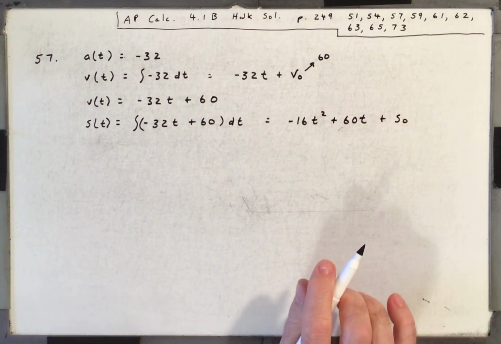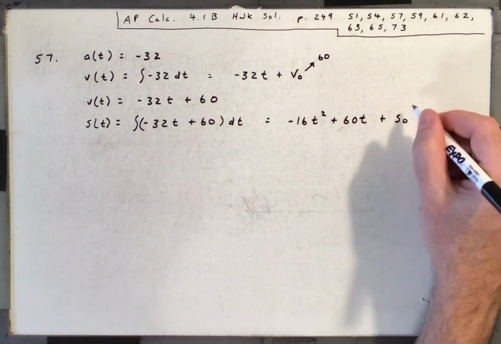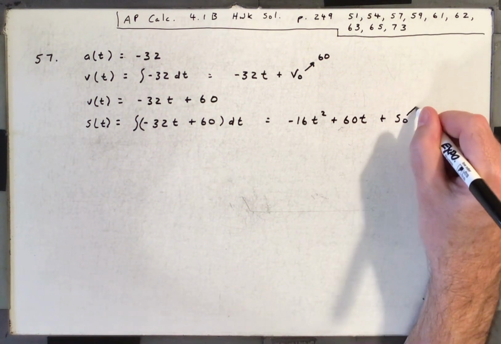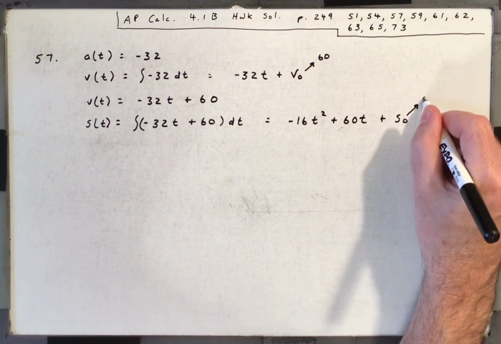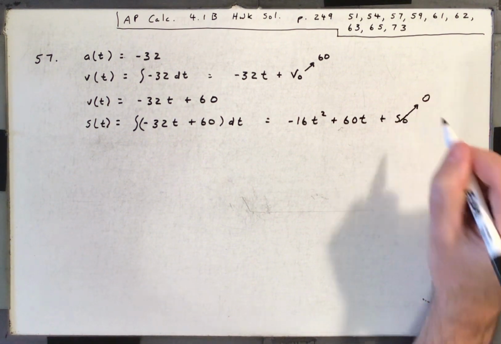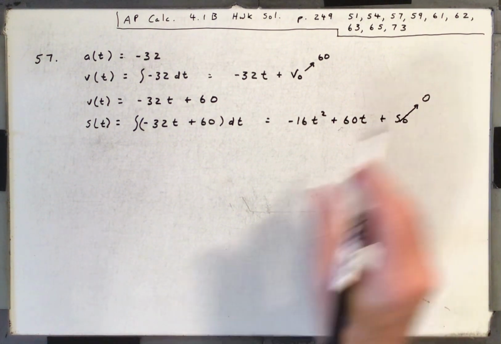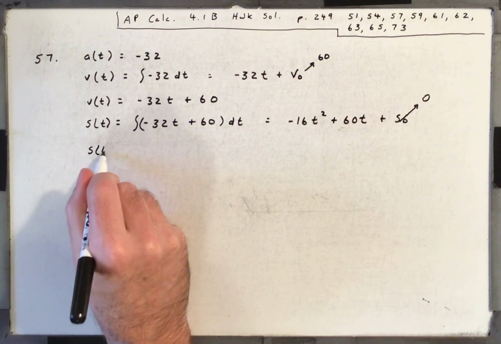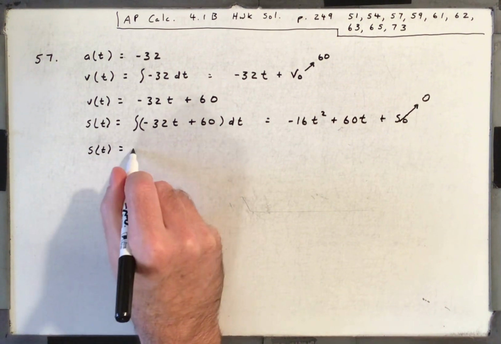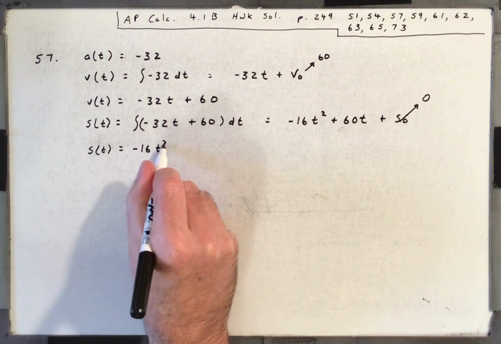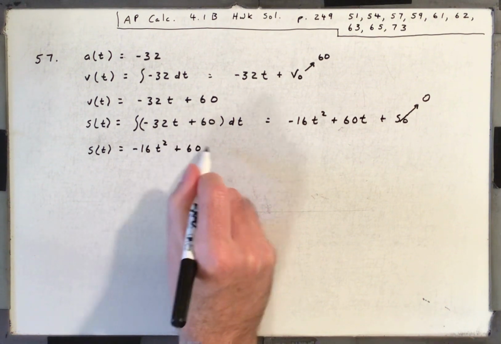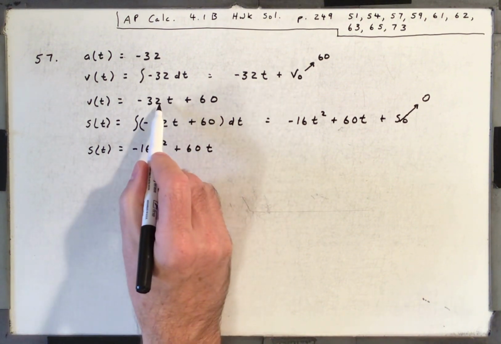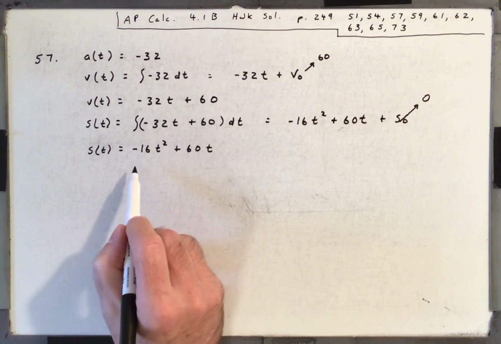Okay, so it says it's thrown from the ground. So because it's ground, s naught is just 0. So s of t, our position function, is minus 16t squared plus 60t. So we have a velocity function. We have a position function.